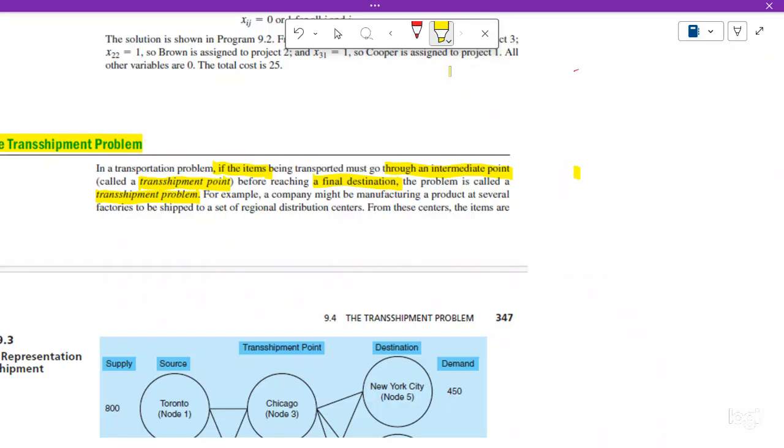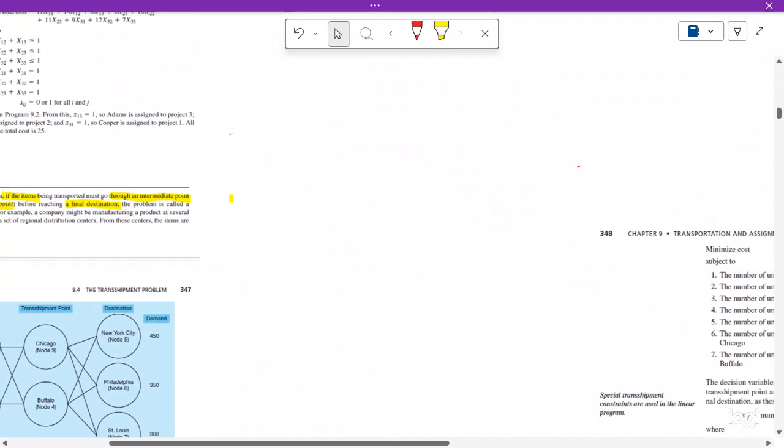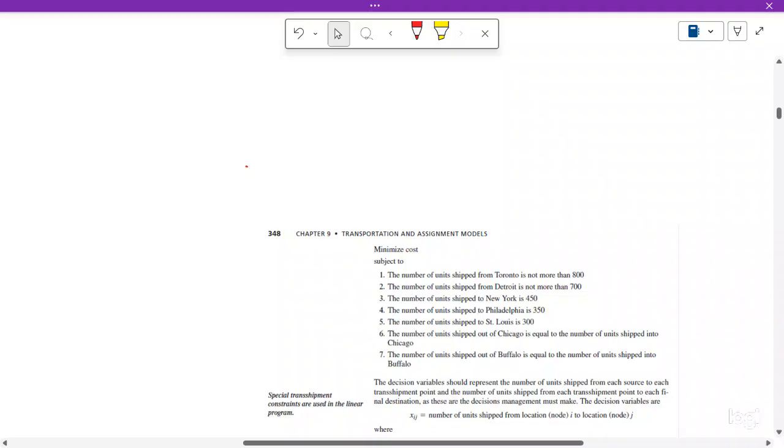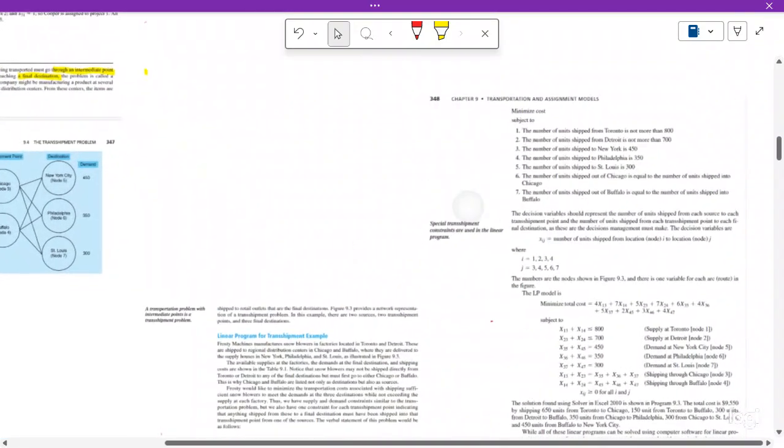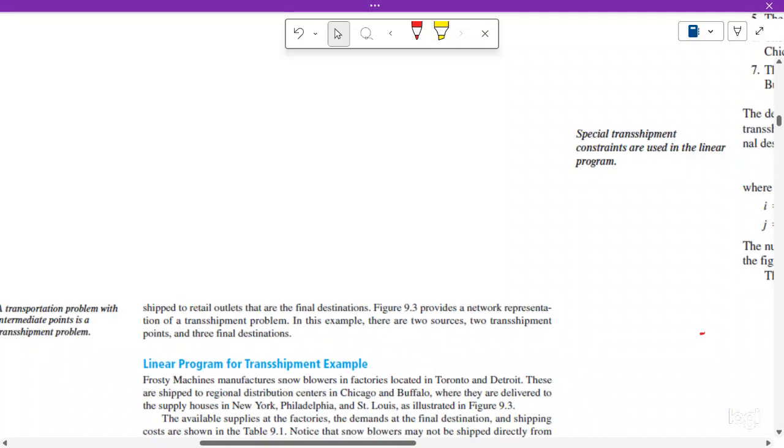For example, a company might manufacture a product at several factories to be shipped to a set of regional distribution centers. From these centers, the items are shipped to retail outlets that are the final destination.